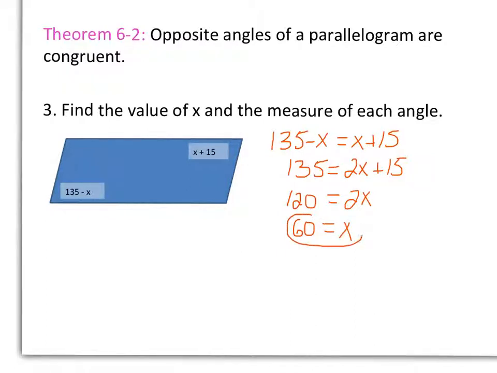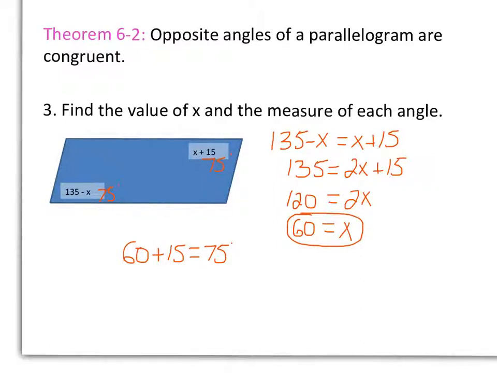So if x is 60, let's find the measure of our angles. Does not matter which one we substitute in for. I'm going to choose the top right just because we are adding instead of subtracting. So take 60 plus 15 and we get 75. So that tells me this angle is 75 degrees and this angle is 75 degrees.